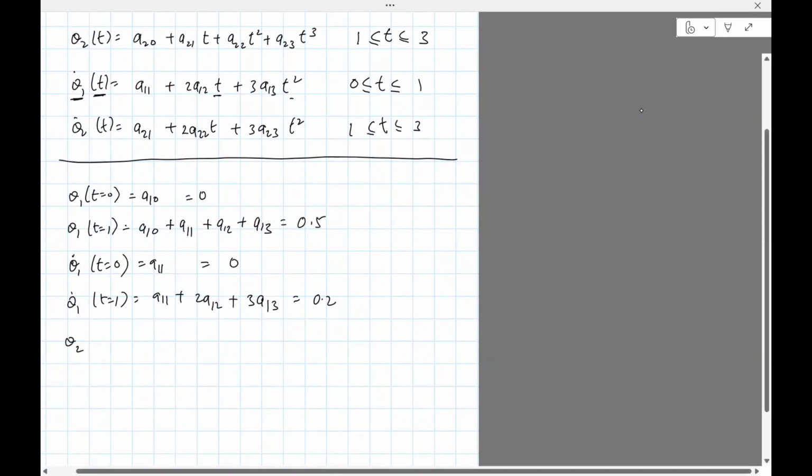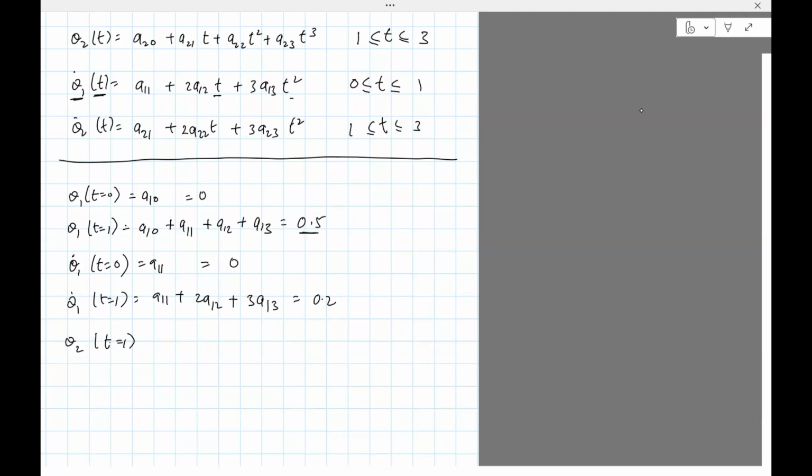Okay, let's start with theta 2 at t equals 1. At t equals 1, it should be the same value as 0.5. So I put t equals 1: a20 plus a21 plus a22 plus a23 equals 0.5. Theta 2 at t equals 3. I'm kind of forgetting what that is.